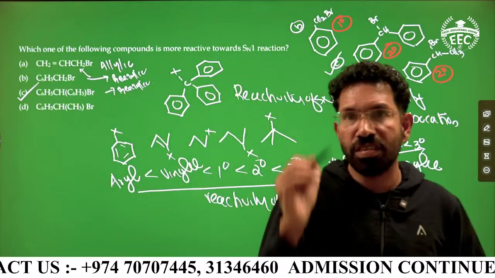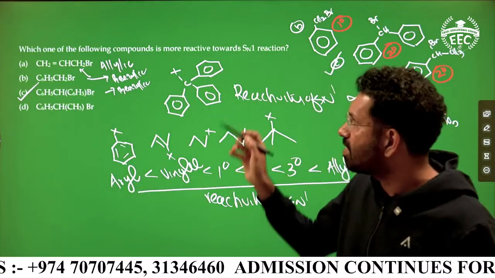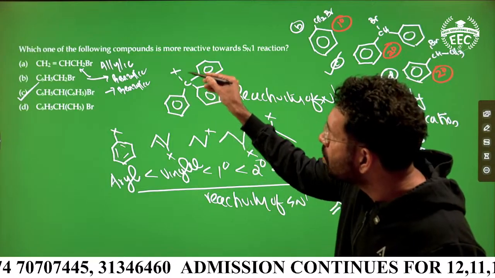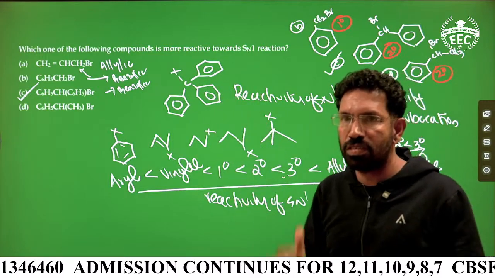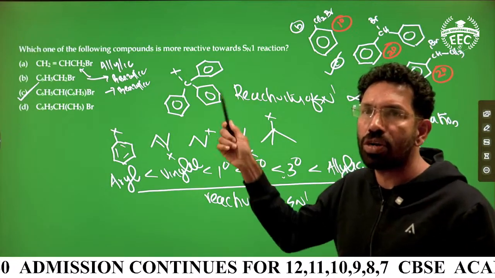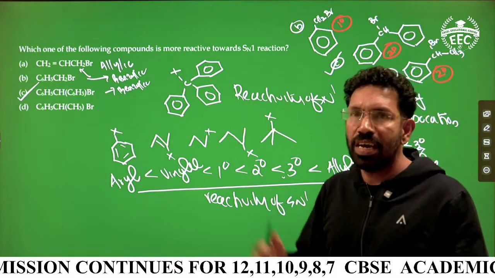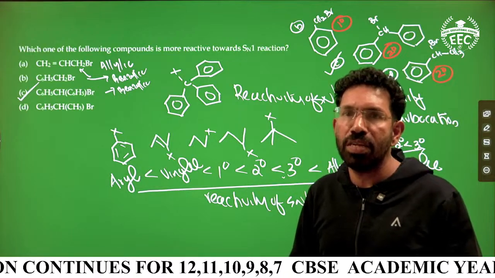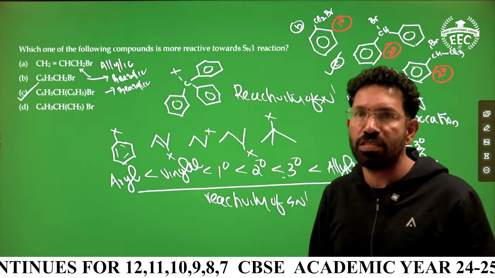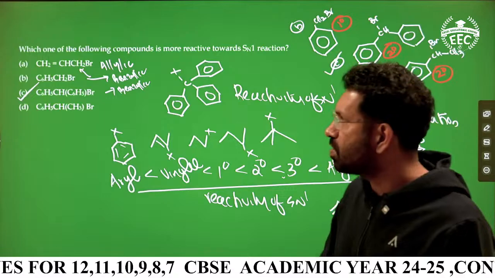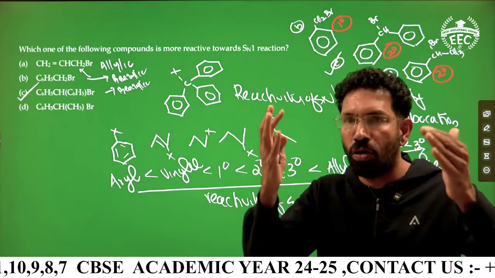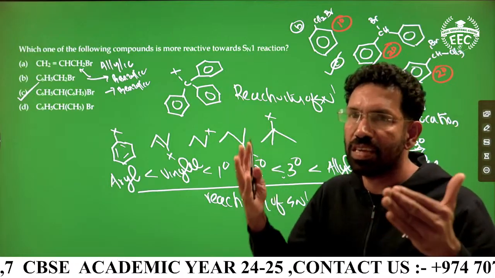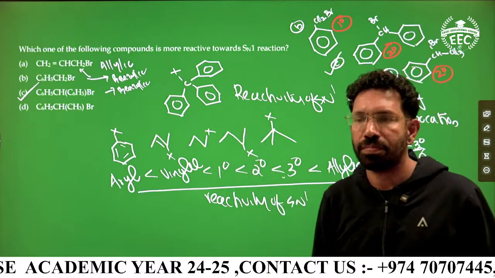This is the most reactive compound in the SN1 reaction, the tertiary benzyl halide, because this compound is stabilized by resonance. More benzene rings bring more resonating structures, and that stabilizes it by resonance. This is the most reactive halide among all halides towards SN1. Note it down, okay?